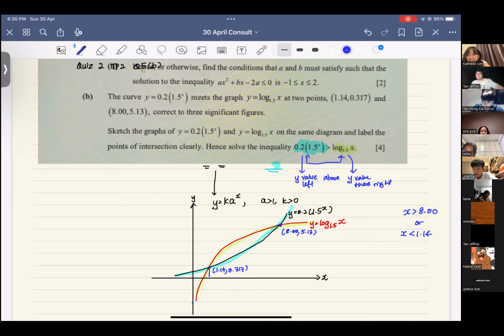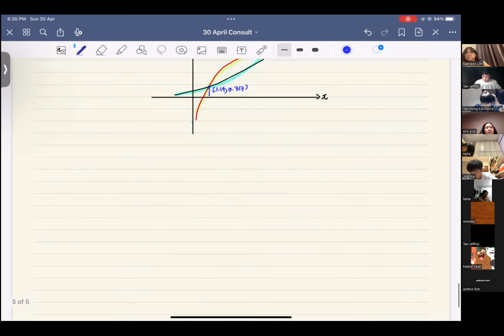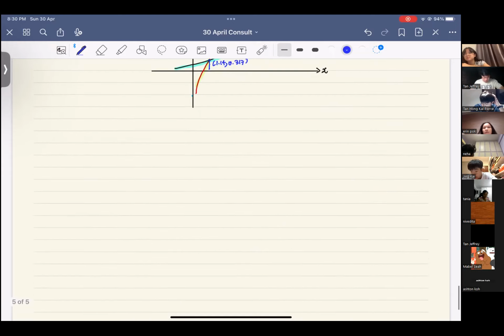Mr. Tan, would you be able to go through revision package topic 5 and 6, question 12? Yeah, like the whole thing. Just give me 1 second.